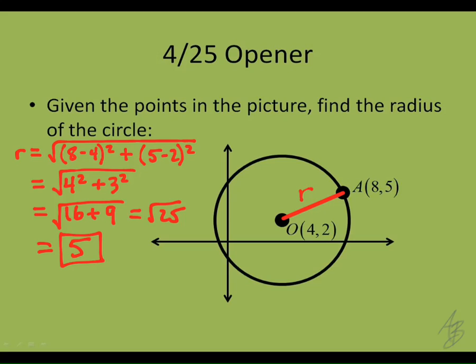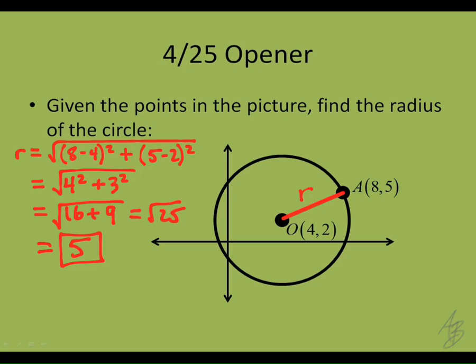I like that way. Does anybody remember how we got the distance formula? Where did the distance formula actually come from? Yeah, the Pythagorean theorem. So the Pythagorean theorem was a theorem that works on what kind of shape?